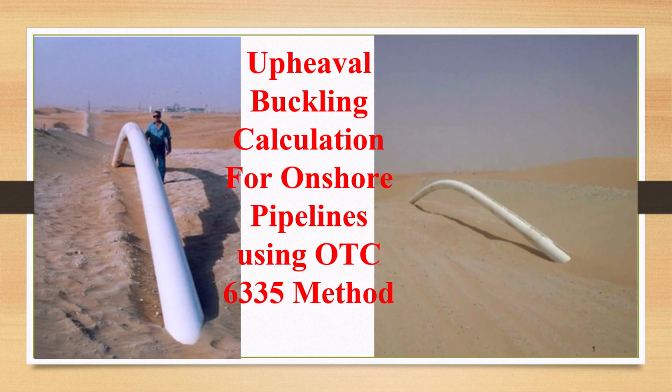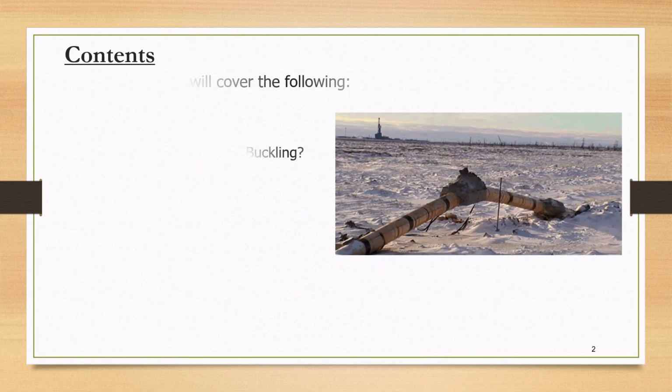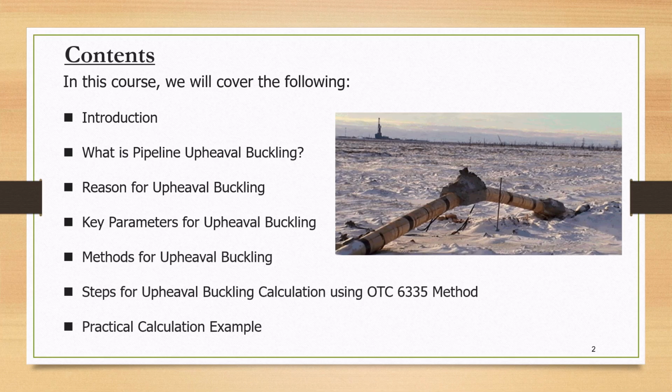Let's dive into the course. In this course, we will cover the following. First, a brief introduction, and then I will explain what pipeline upheaval buckling is, what the main reasons for upheaval buckling are, what the key parameters are that impact upheaval buckling, and what the available methods are.